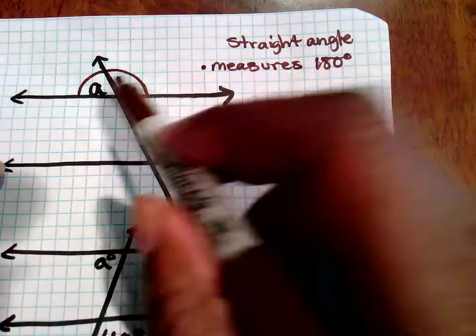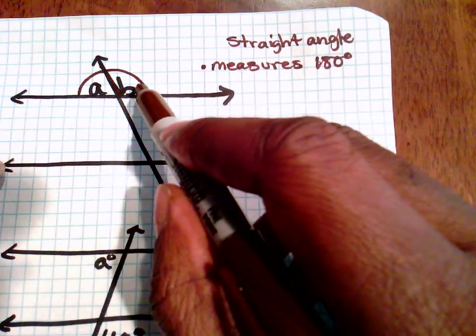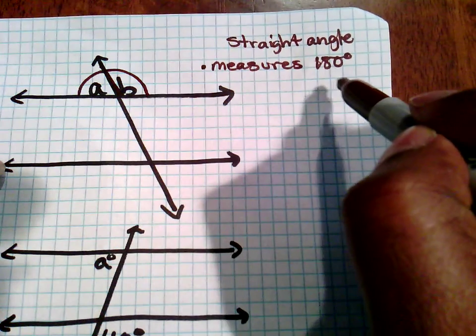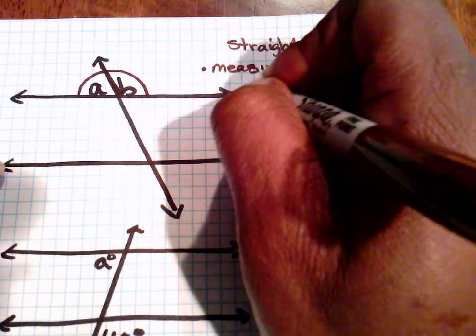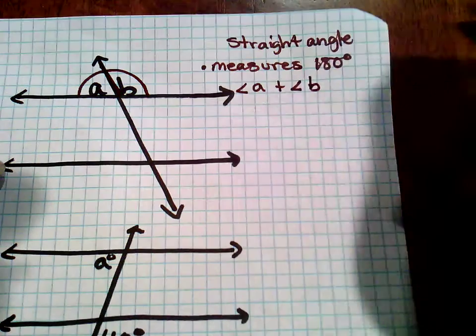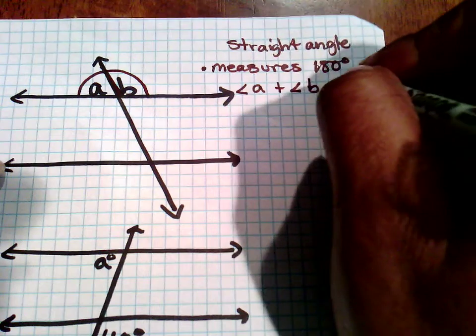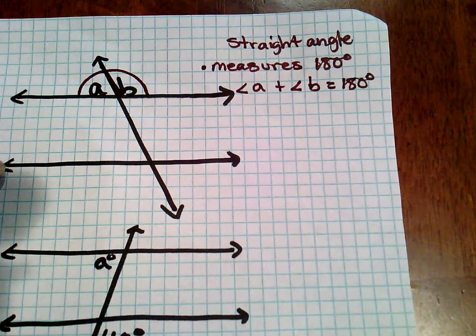So that means if I put A with B, I get 180. If I add angle A plus angle B, the two will sum to 180 degrees.